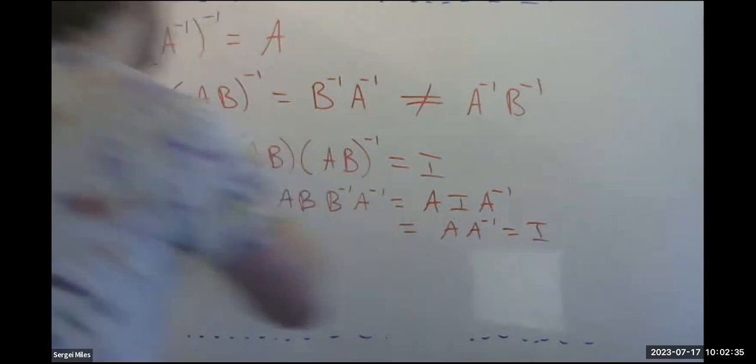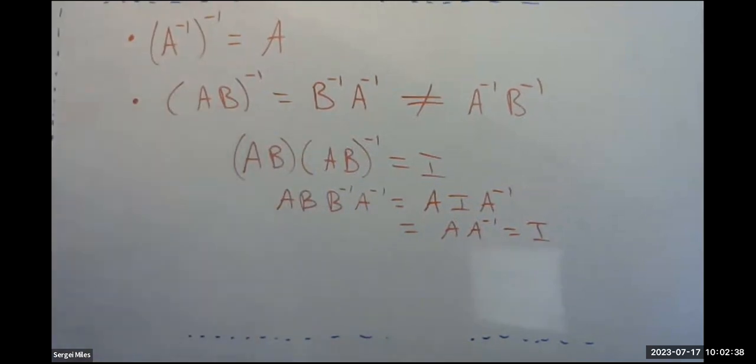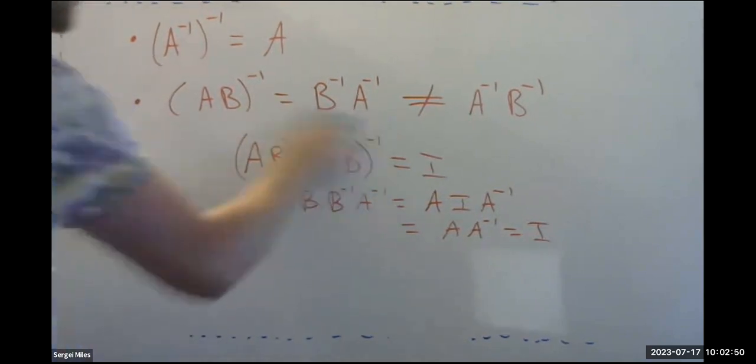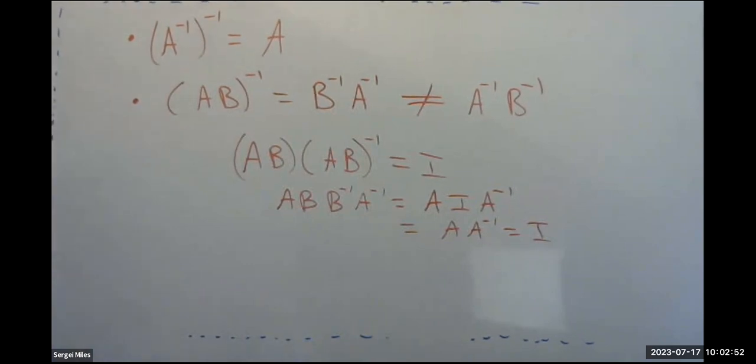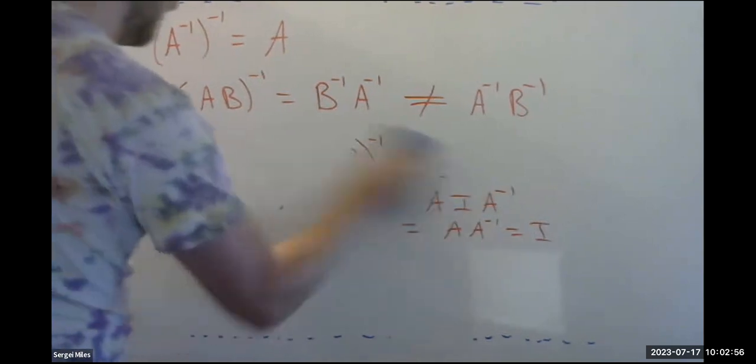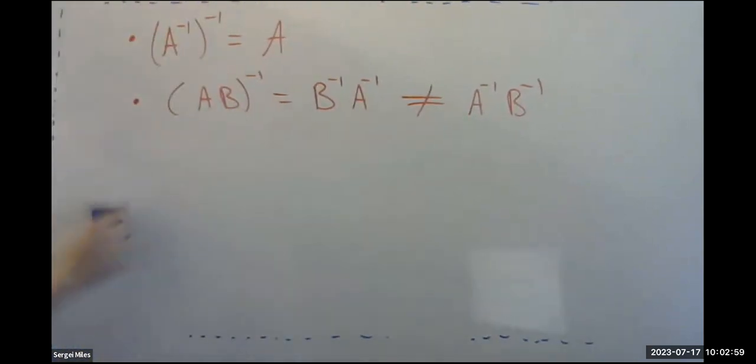So when you're trying to take the inverse of things being multiplied, it reverses the order of what you see on the inside, and you're taking the inverse of each piece. All right, so you want to be very careful about this fact. This is going to be more important later in chapter 2 as well. All right, great.